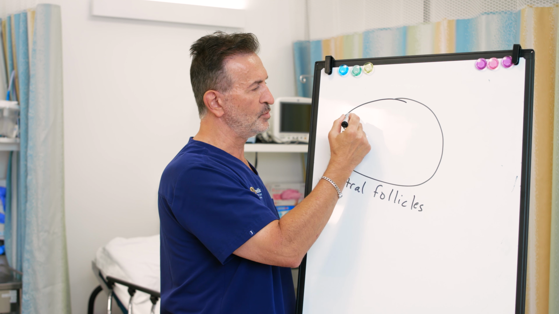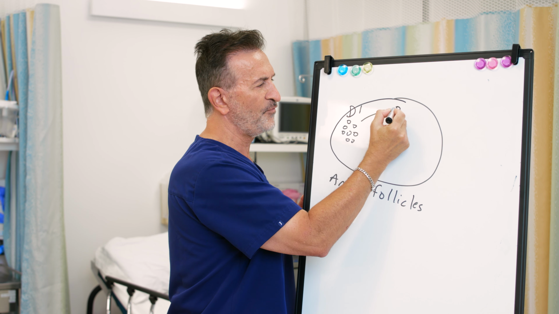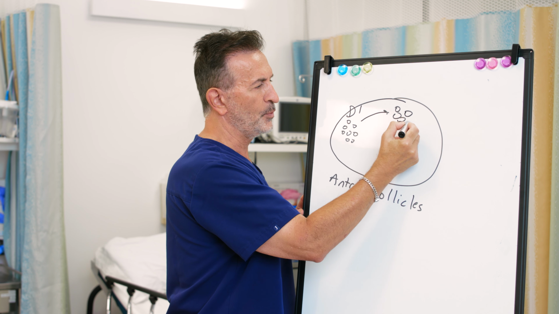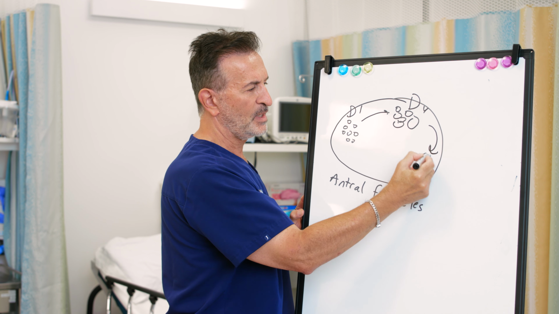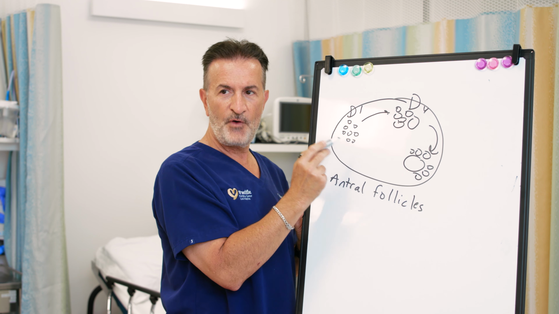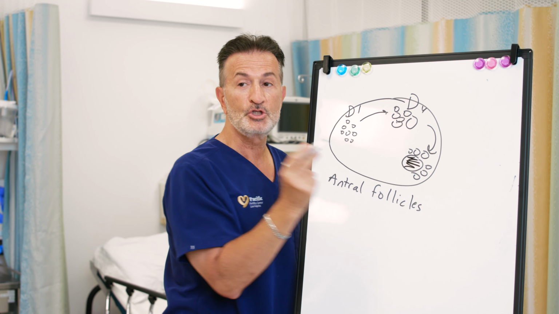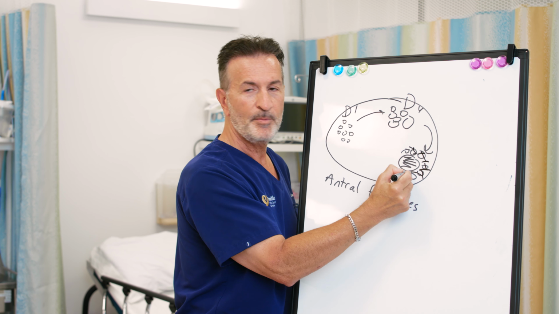One of them, so this is, let's say, day 1 of your cycle. As these follicles grow, here we go, this is day 4, let's say, and I'm making a little circle so you understand what happens. One of these follicles becomes dominant, and it secretes chemicals that kill everybody else.